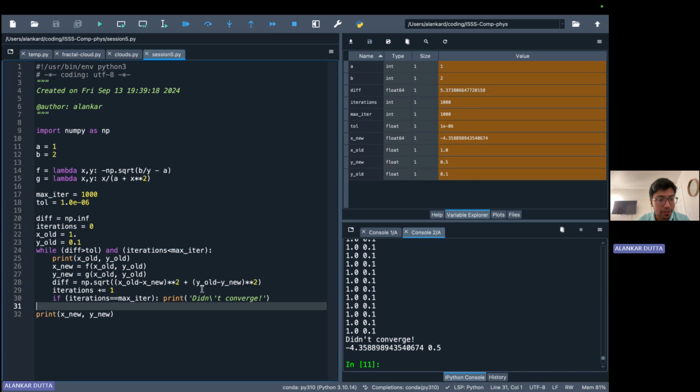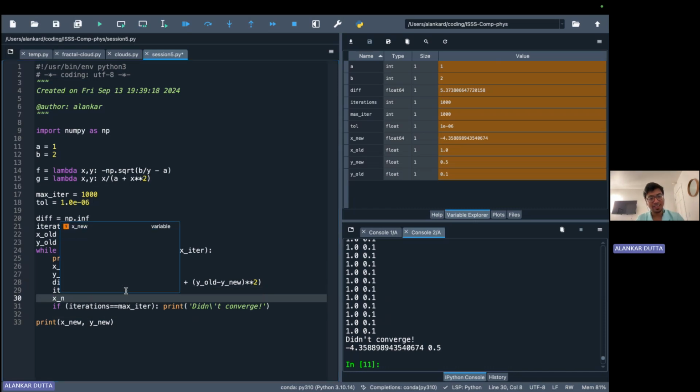Oh, there is something else that I have also forgotten, right? Because I'm changing this to x new, and then I have to update it, right? I forgot the update.